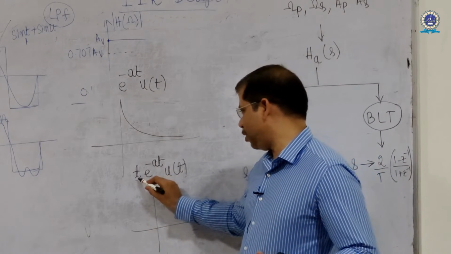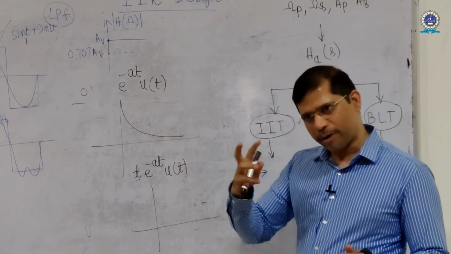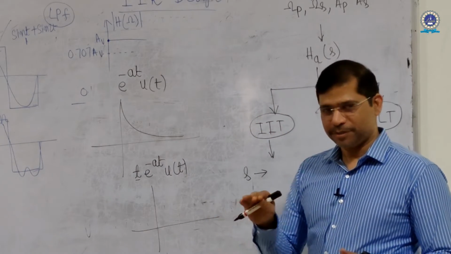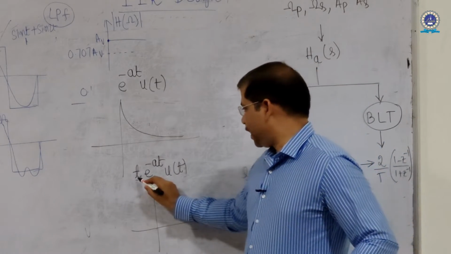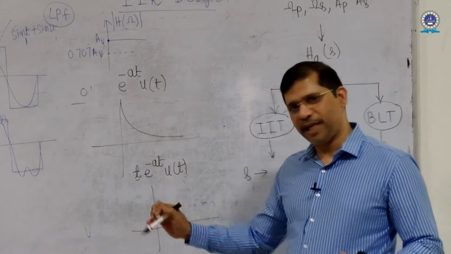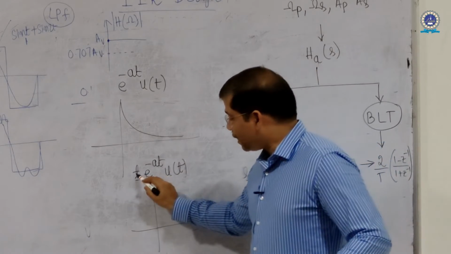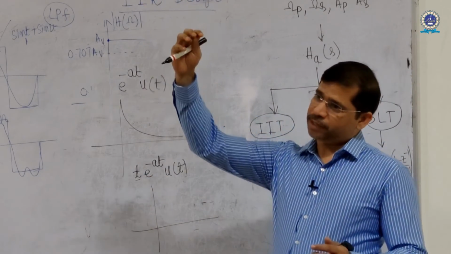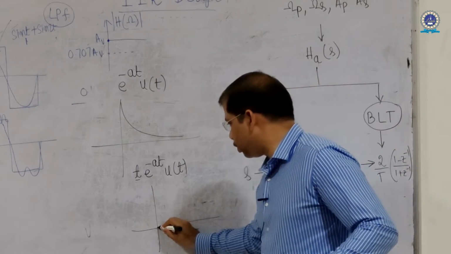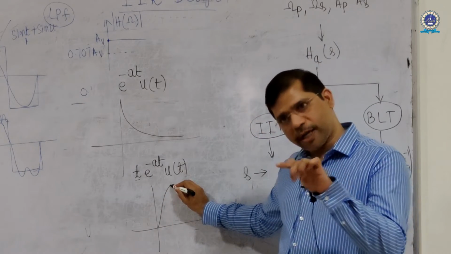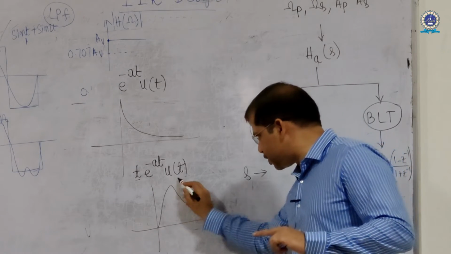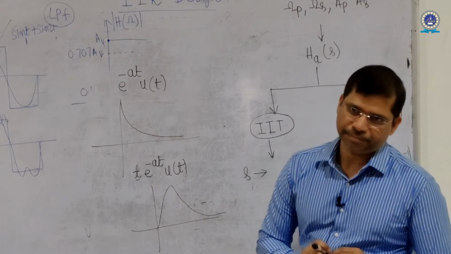That means you are multiplying one unbounded signal and one bounded signal, so the result depends. Because t linearly increases while e power minus at u(t) exponentially decreases, by the time it reaches infinity, e power minus at u(t) will bring it back to 0. That is the reason that from 0 to some t it looks unbounded, and beyond that it looks bounded. So this is the t e power minus at u(t) graph.